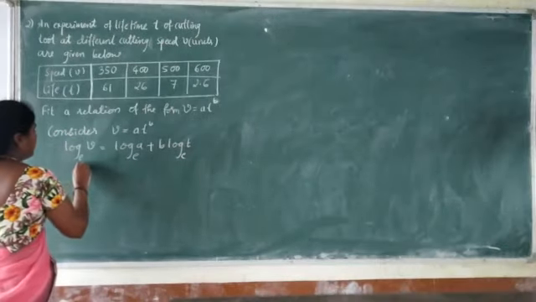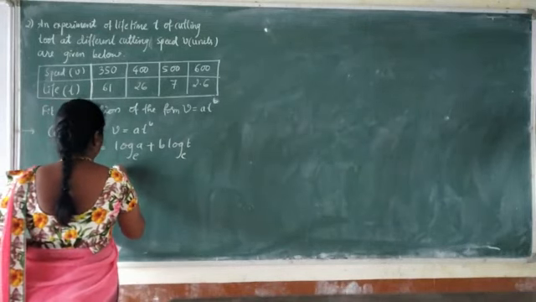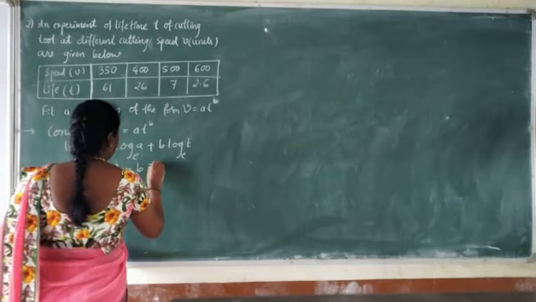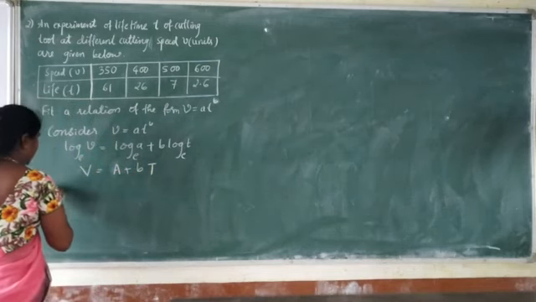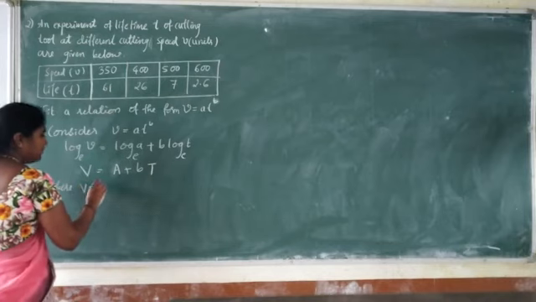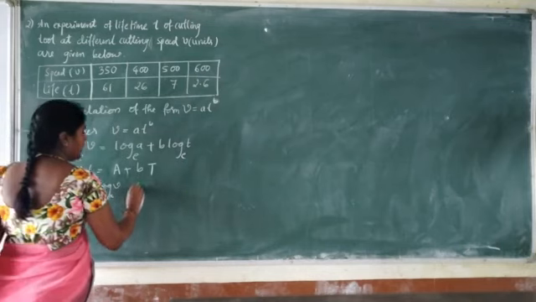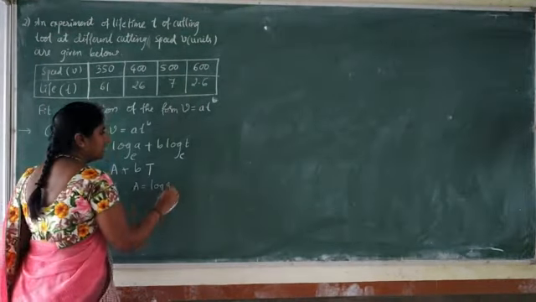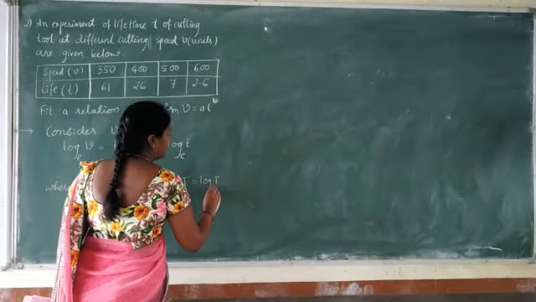This is of the form capital V equals A plus b capital T, where capital V equals log v to the base e, A is nothing but log a to the base e, and capital T equals log t to the base e.